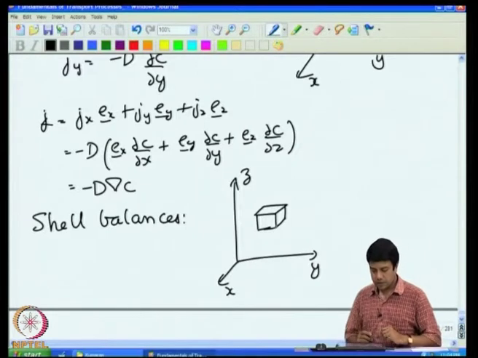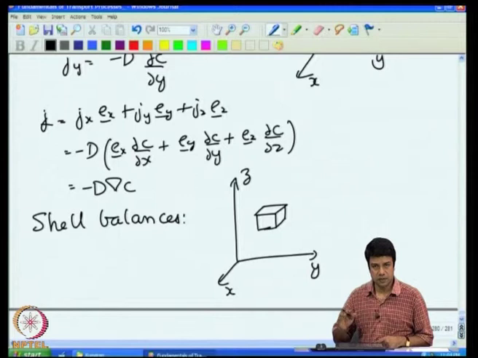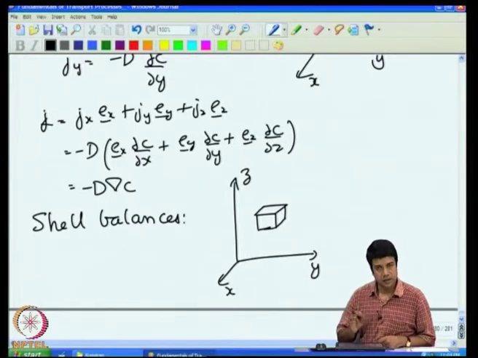This differential volume for the shell balance is chosen in such a way that the surfaces of the differential volume are surfaces of constant coordinate.